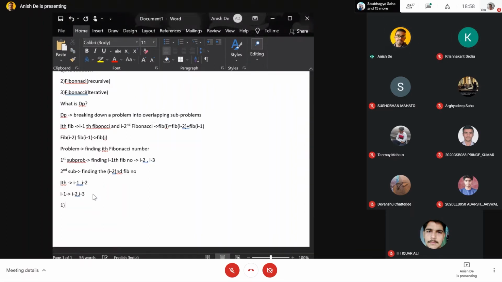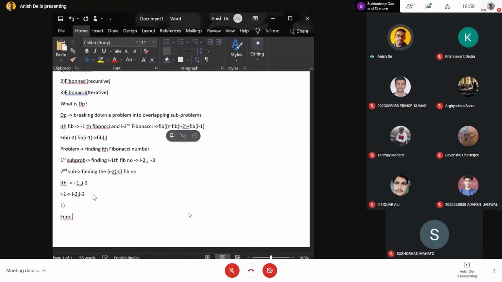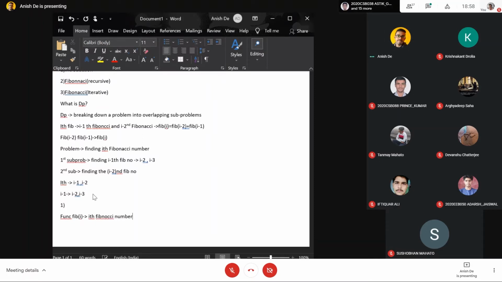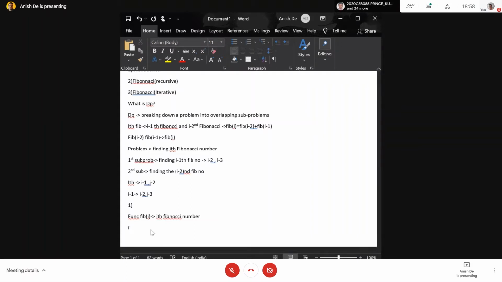Now we can see how we can do Fibonacci in a recursive way. Let's define a function fib(i), which finds the ith Fibonacci number. What we have seen is that to find the ith Fibonacci number, we first have to find the I minus 1 and I minus second Fibonacci numbers.